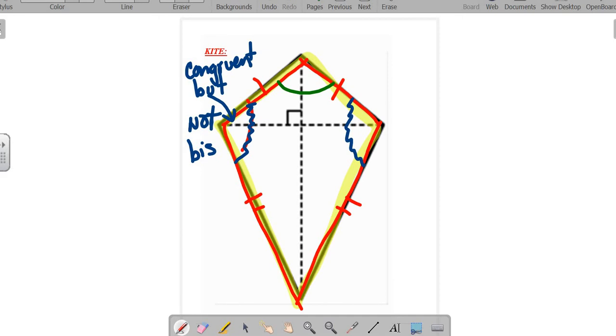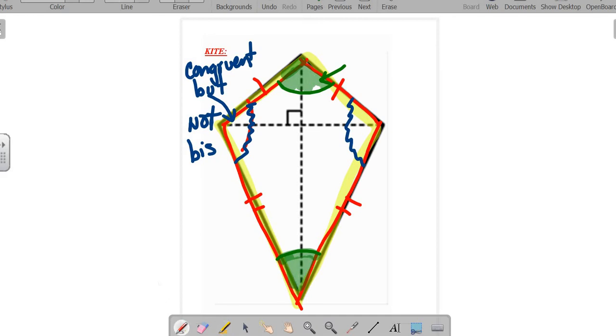That's very important. They are congruent to each other, but not bisected. Physically sweep the top-bottom angle. These angles are obviously not congruent. You have a larger one here, and then the one down here is smaller. Okay, so these are not the crossbar angles. These are called the vertex angles.